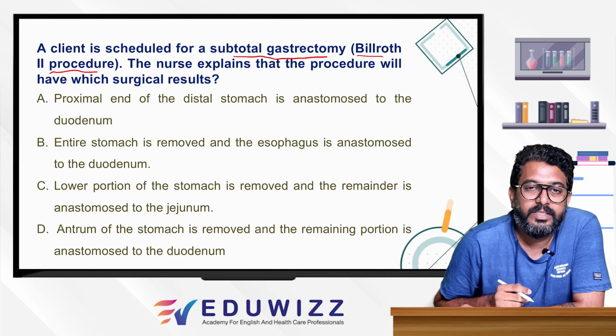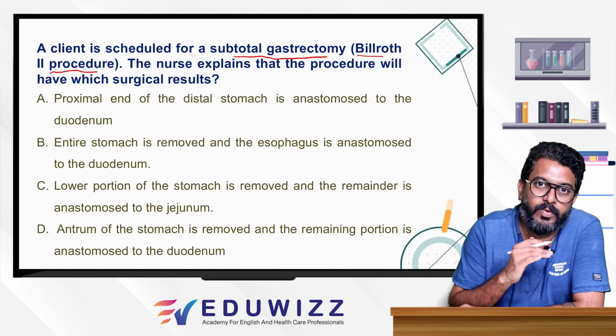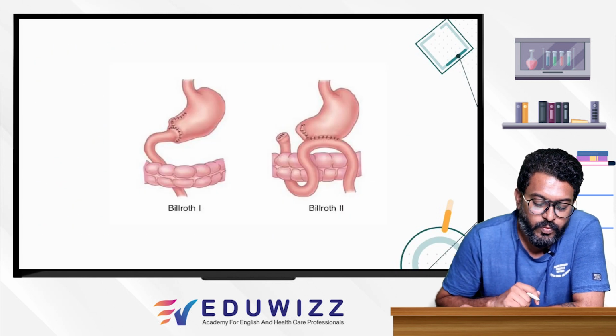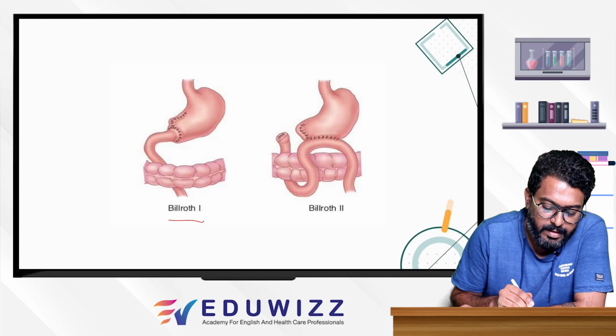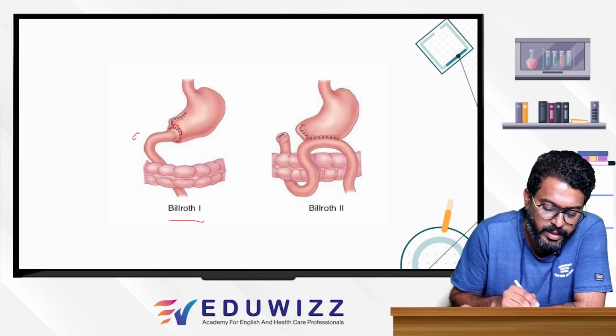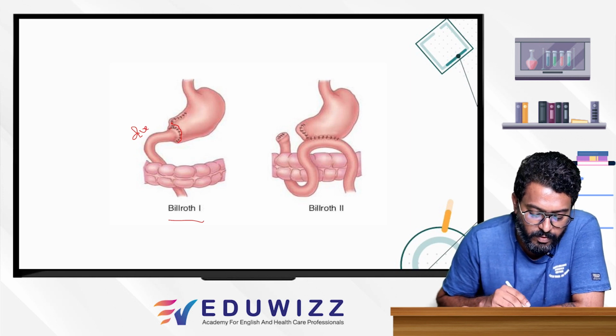Billroth 1 is also known as gastroduodenostomy, in which the lower portion of the stomach is removed and the remaining portion is connected to the duodenum.